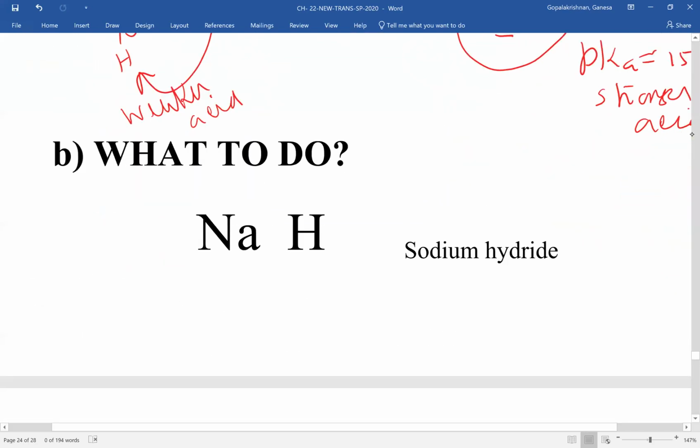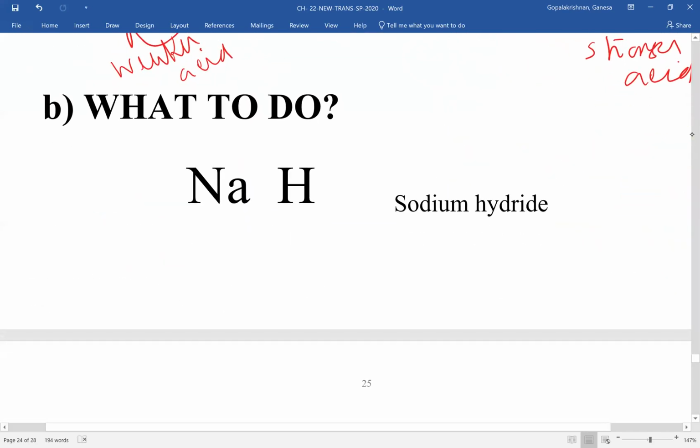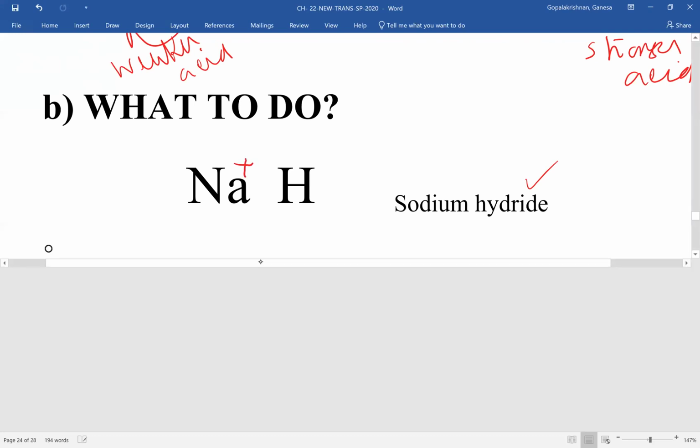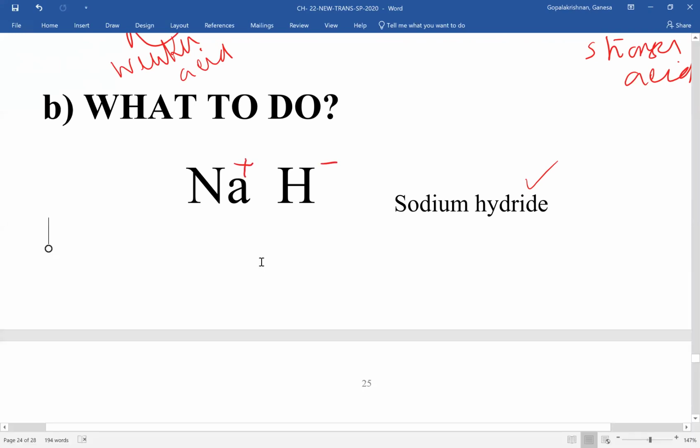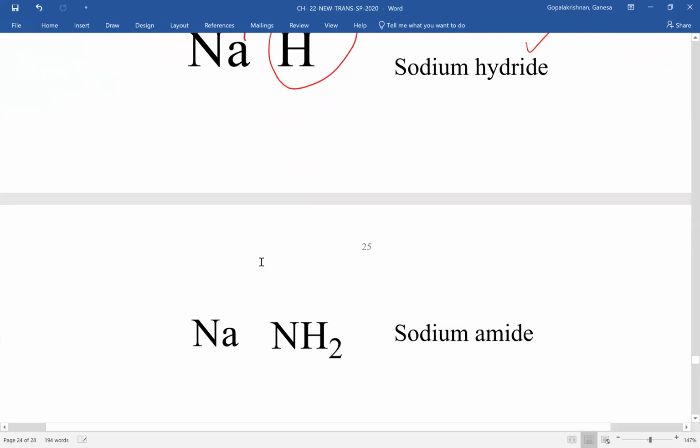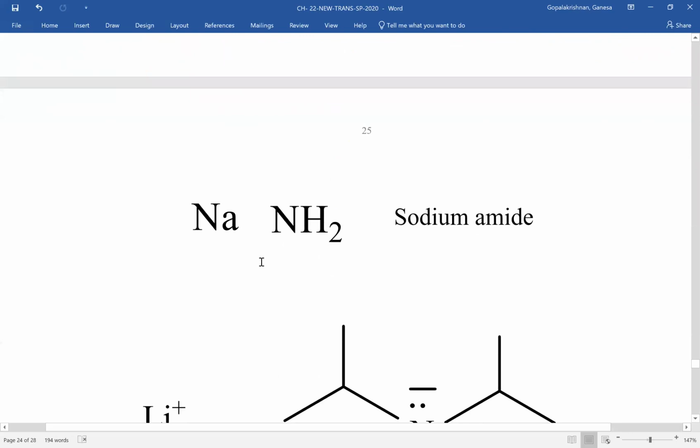What to do then? Look for some strong bases, stronger than hydroxide and alkoxide. We have three candidates. One is sodium hydride, in this Na plus, H minus. So this acts as a base. The other one is sodium amide, in this one positive, this one negative. This will act as a base.